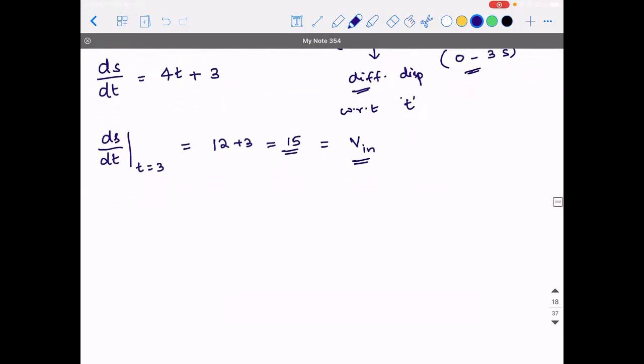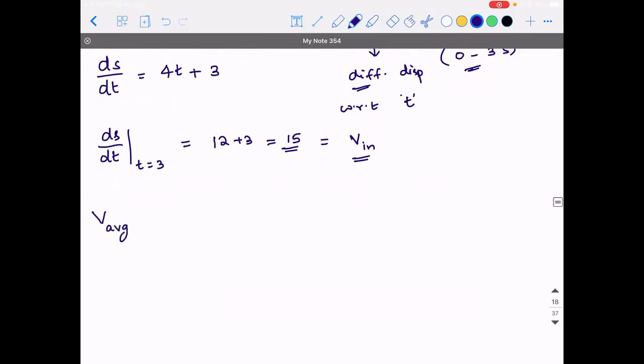Now, what is going to be the average value? You need to find the average value between 0 to 3 seconds. So for the average value, look at the way I'm going to solve the problem. What is velocity, guys? Everybody knows this, right?